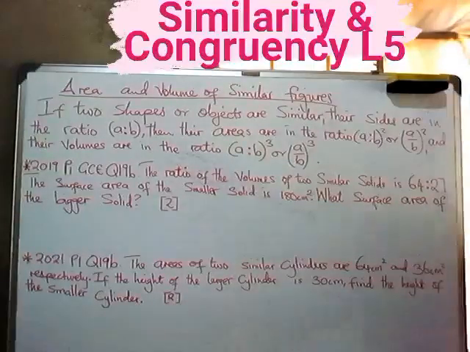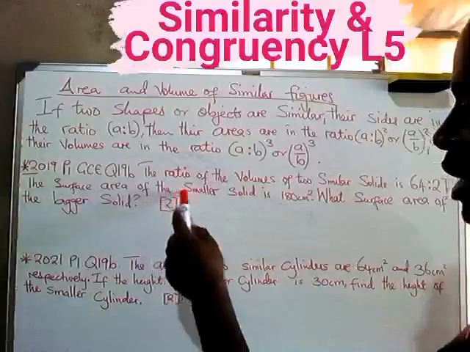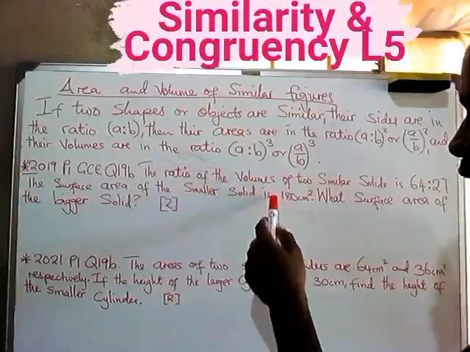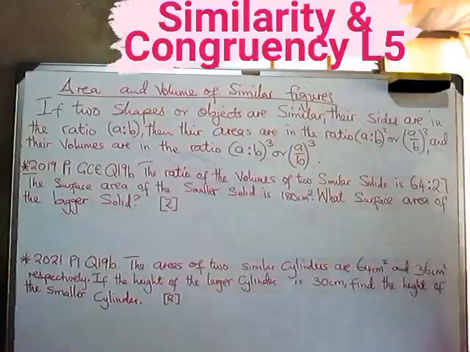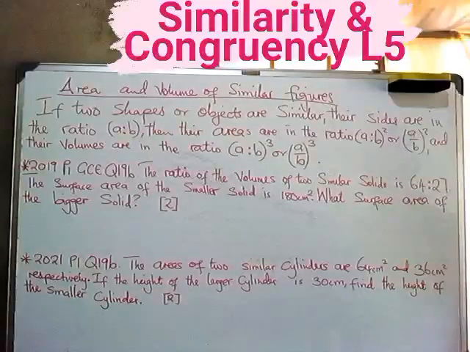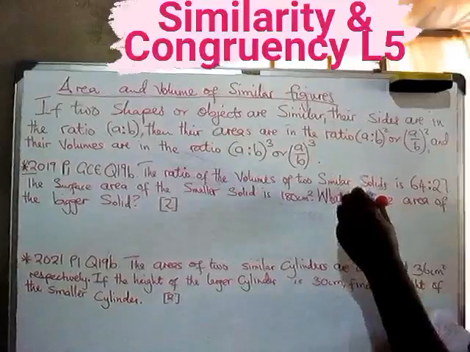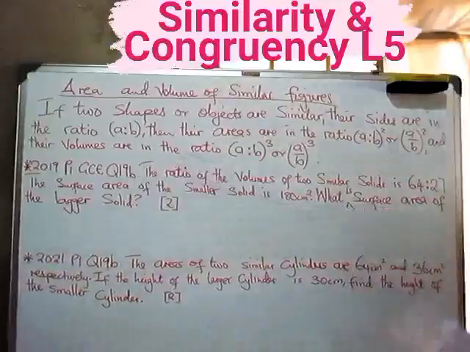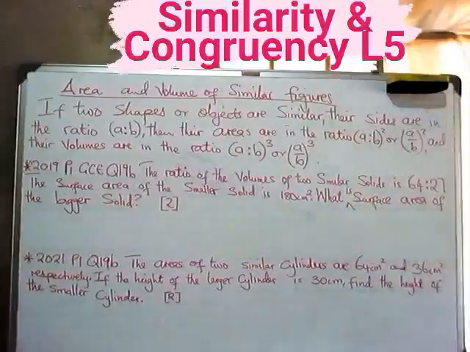The surface area of the smaller solid is 180 centimeters squared. What is the surface area of the bigger solid?